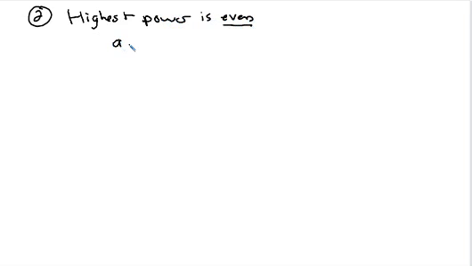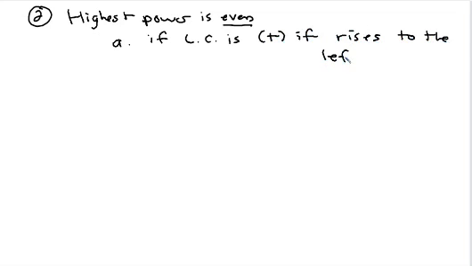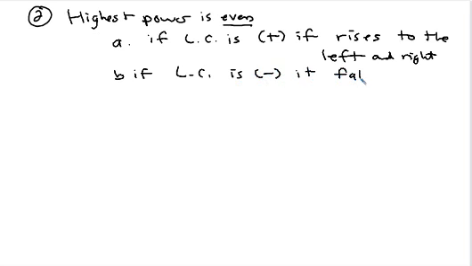Rule A, if the leading coefficient is positive, it rises to the left and right. And if the leading coefficient is negative, it falls to the left and right.